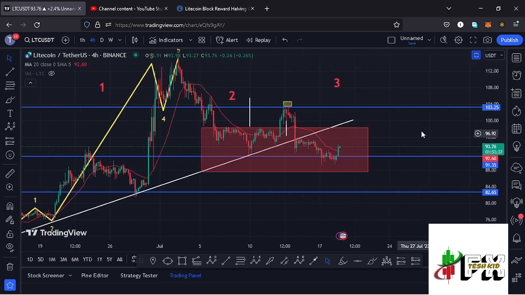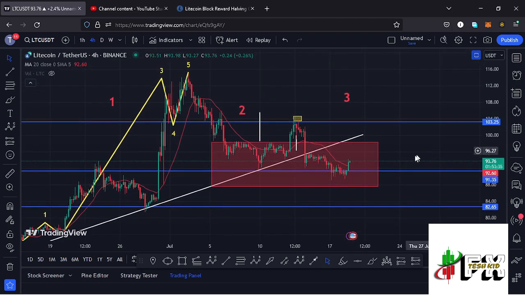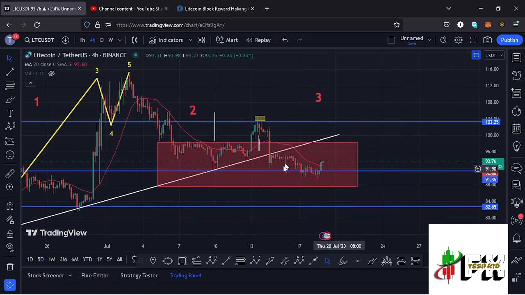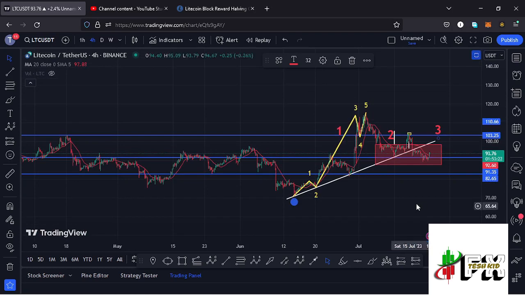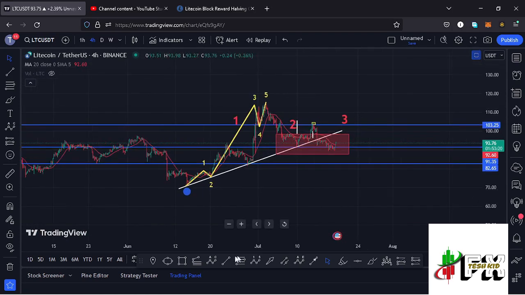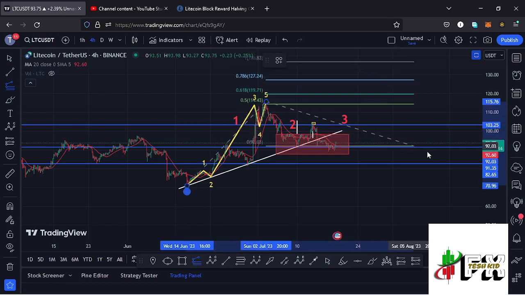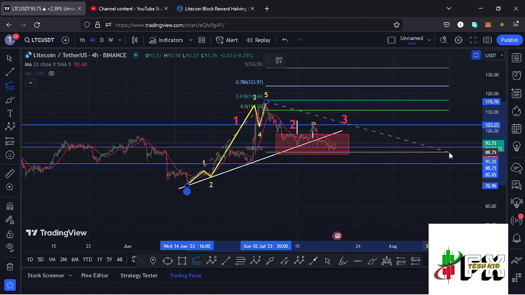There are high chances that Litecoin has now put in place the low for the second wave and is now ready for a massive pump to the upper side in the formation of this wave 3. To give you minimum target areas for the third wave, I'm using a trend-based Fibonacci, connecting it from the low of the first wave to the high of that wave 1, then dragging the fibs to the low of the second wave.